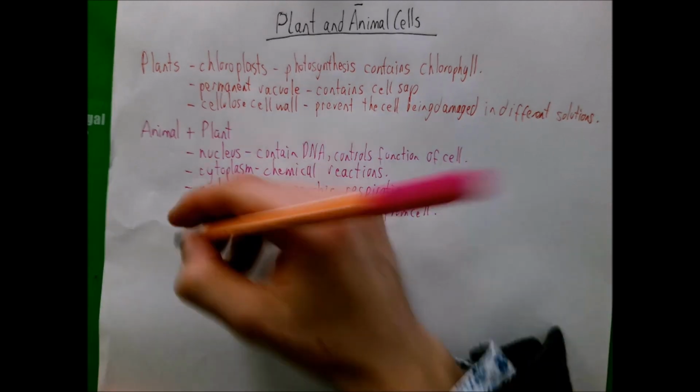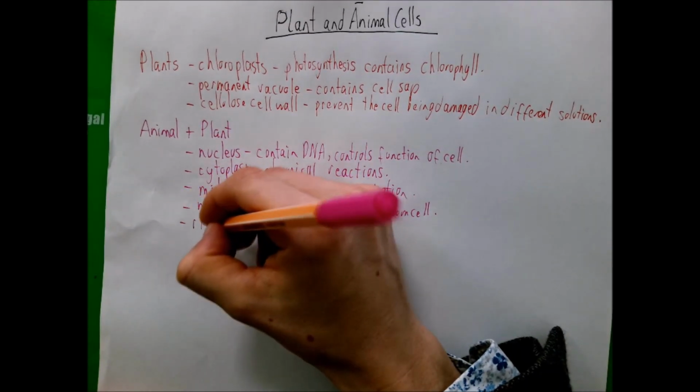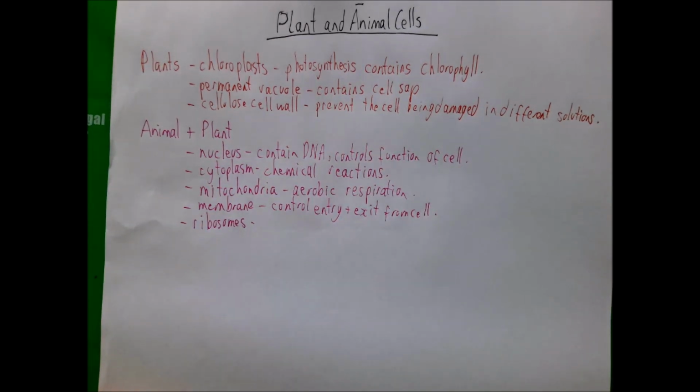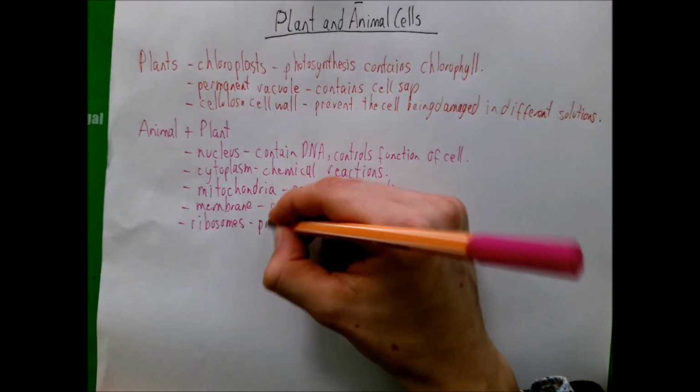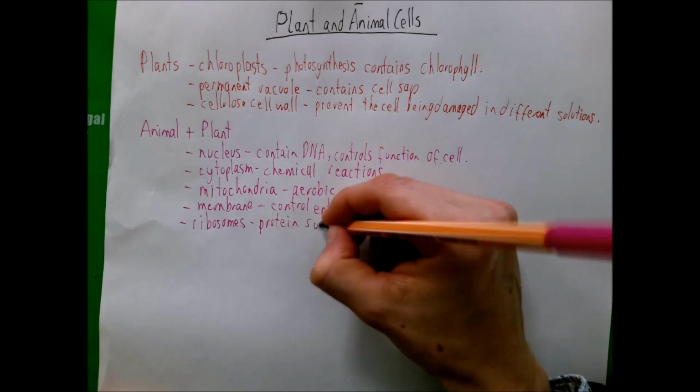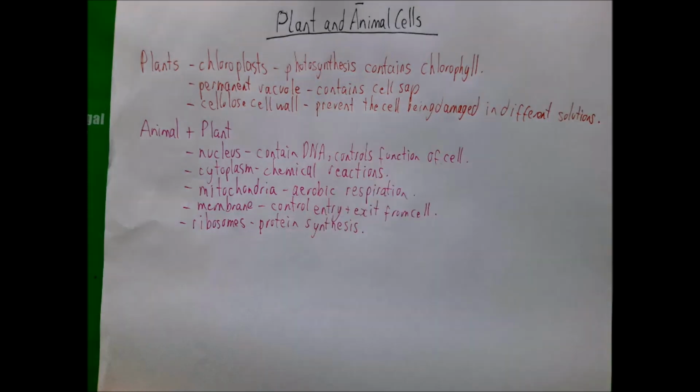And finally, we've got ribosomes, which are shared by both of these types of cells. Ribosomes are very important because they're little protein factories. They carry out the process of protein synthesis, and that's absolutely vital for a cell because proteins often make up enzymes, and enzymes control all of the chemical reactions. So it's vital to have those ribosomes working for the cell to carry out its function.